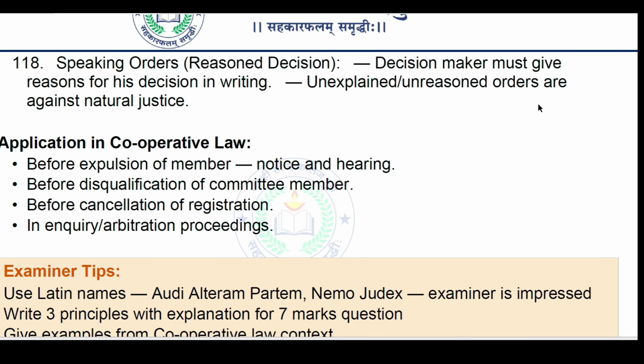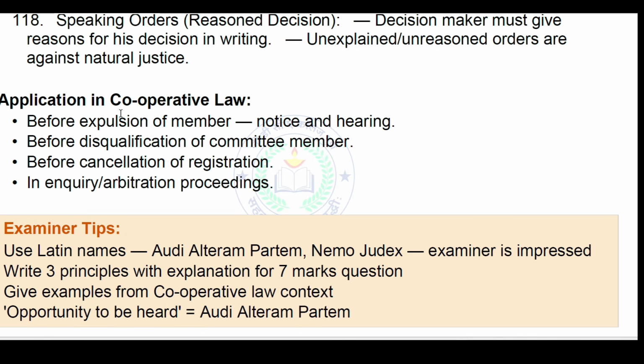Unexplained, unreasoned orders are against natural justice. Application in cooperative law: before expulsion of members, notice and hearing are important; also before disqualification of committee members, before cancellation of registration, and in inquiry or arbitration proceedings, etc.